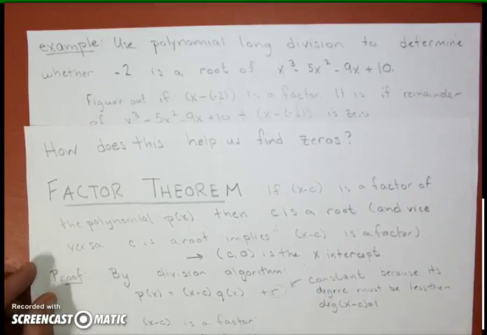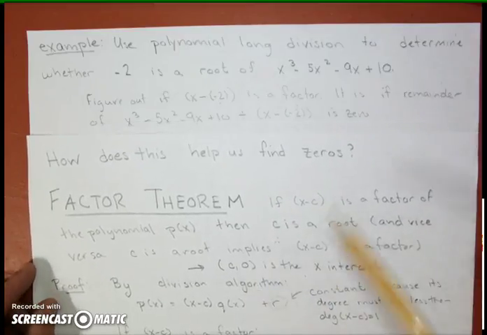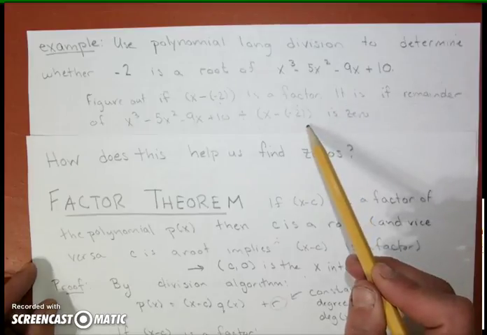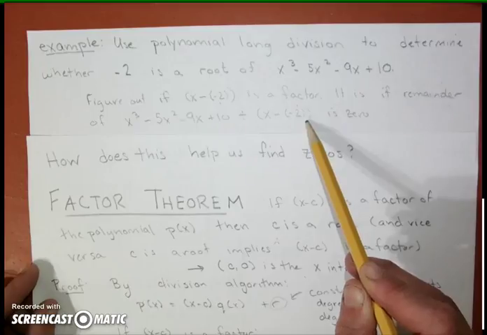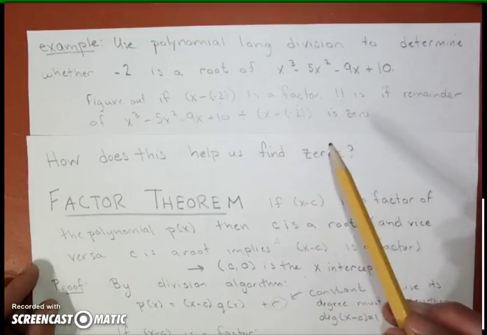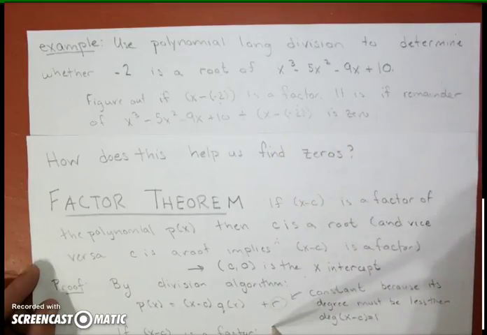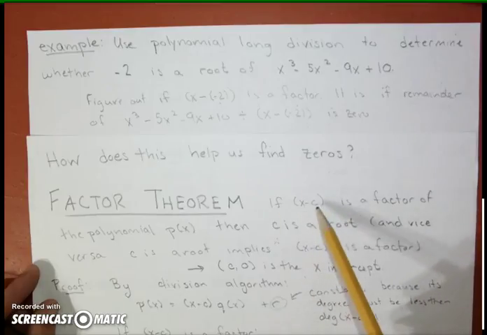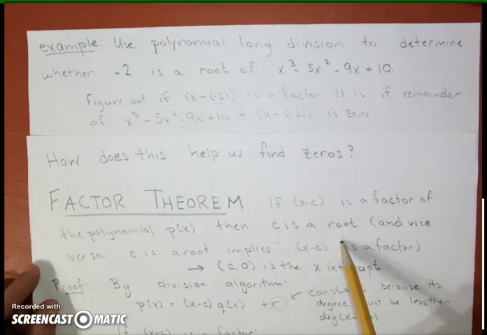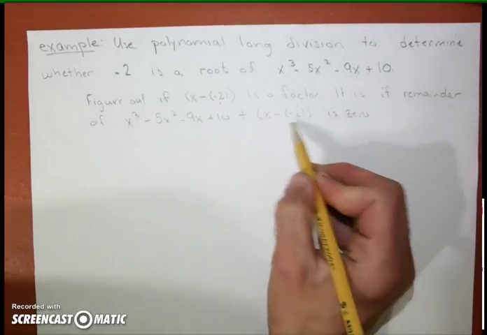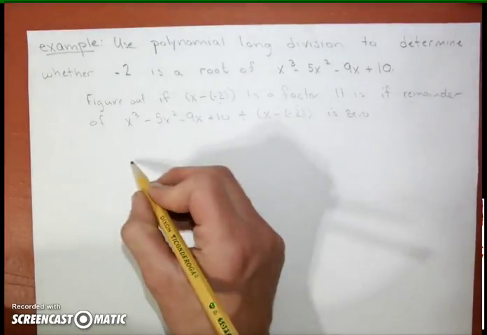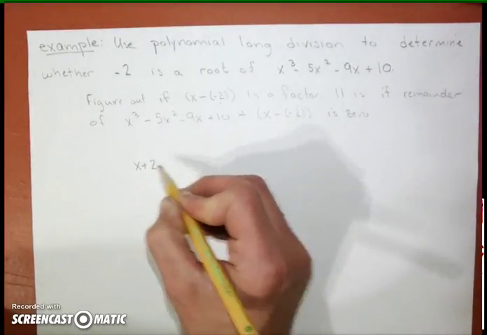I'll say that one more time. If the remainder is 0 when we divide by x minus negative 2, that means that x minus negative 2 is a factor. By the factor theorem, if x minus negative 2 is a factor, then negative 2 is a root. So let's do the long division. X minus negative 2 is the same as x plus 2. So I'm going to divide by x plus 2.